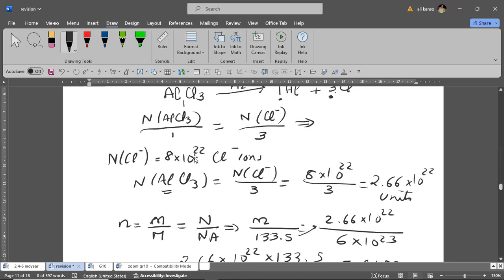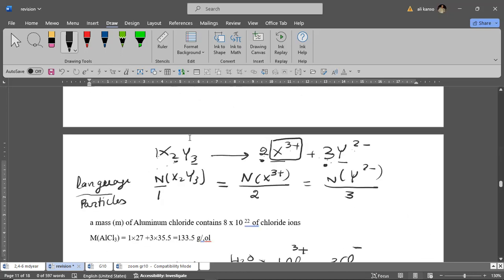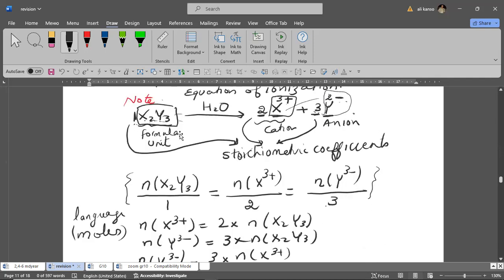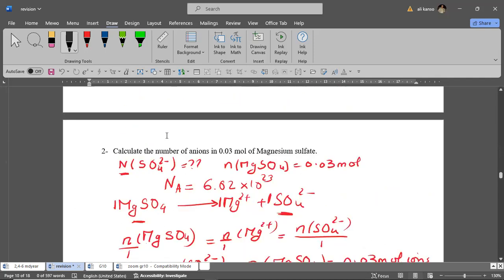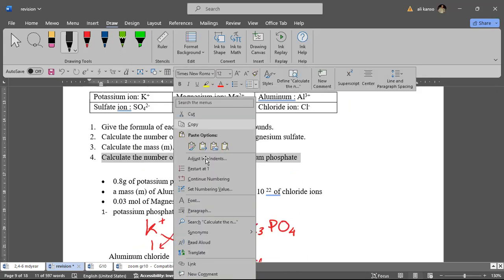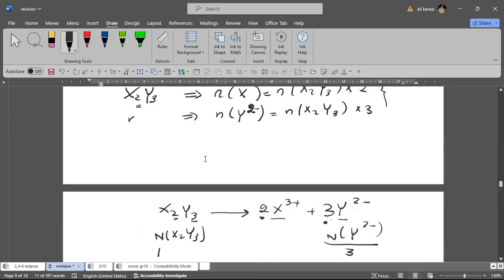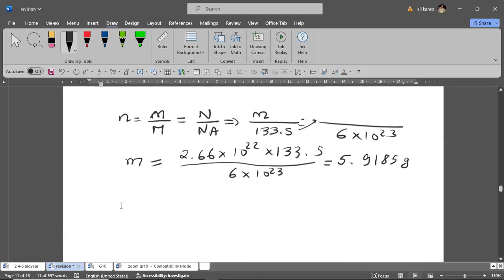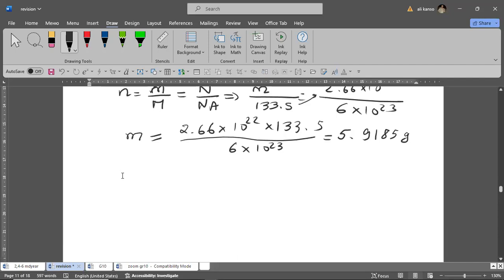Okay, the last question. Calculate the number of cations of potassium phosphate. What is potassium phosphate?